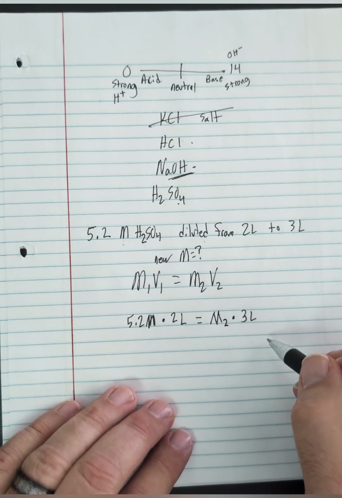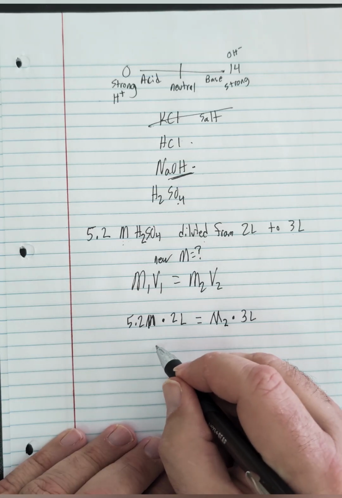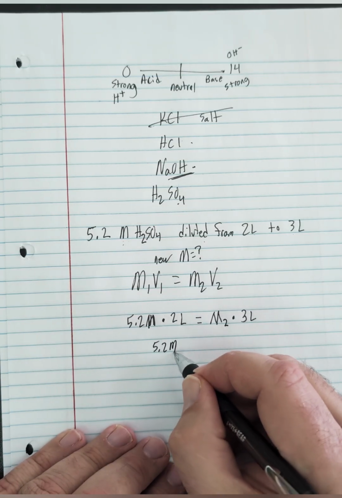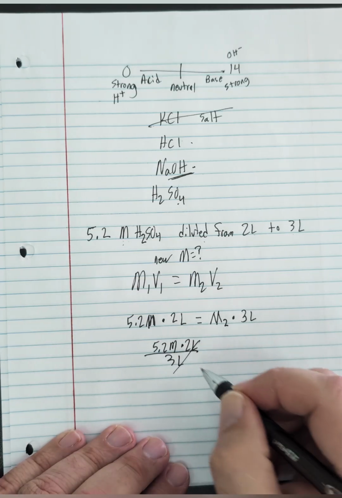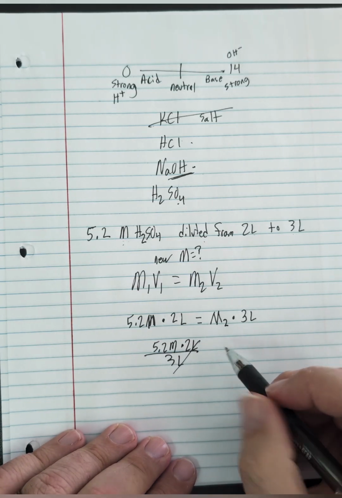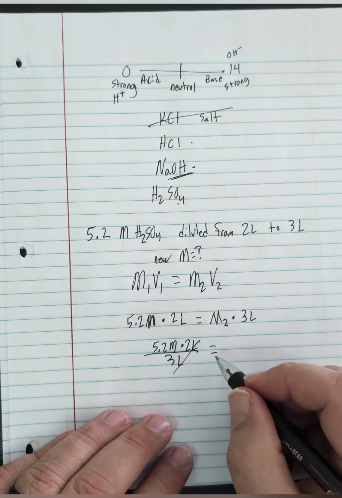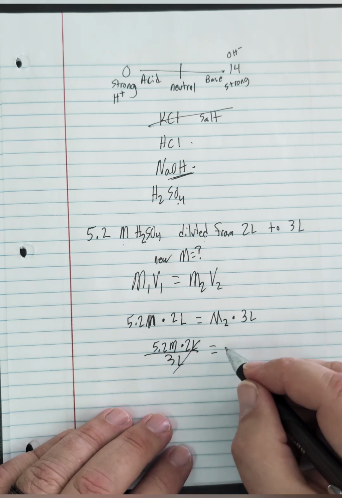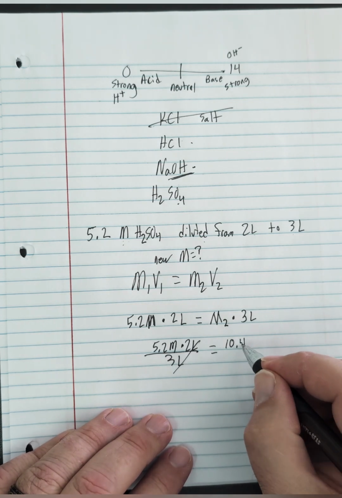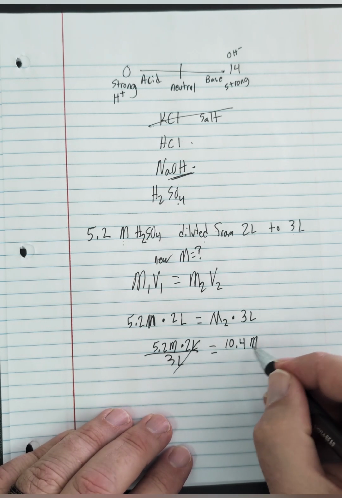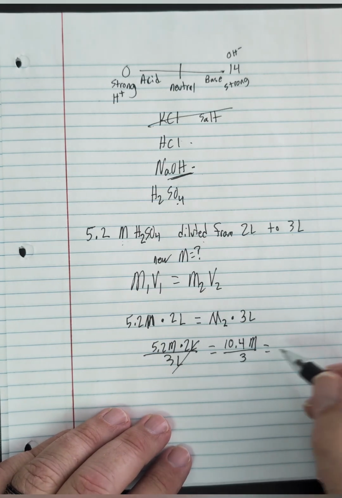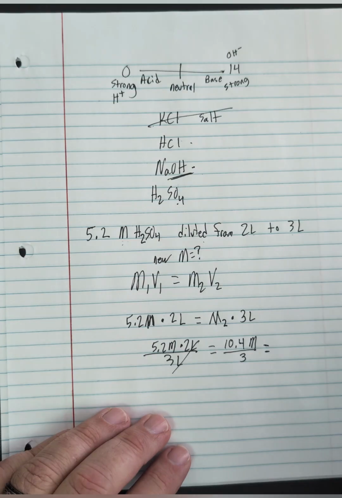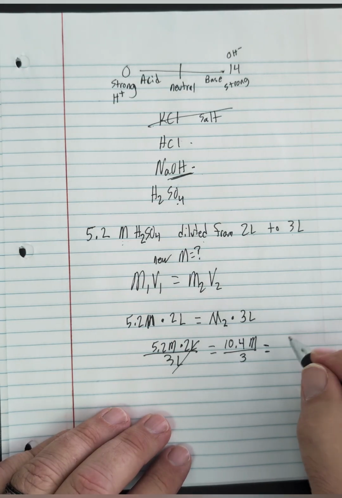So we divide both sides by 3 liters, and we have 5.2 molarity times 2 liters divided by 3 liters. Liters cancel out. So then we're going to have 10.4 divided by 3. 3 will go into that like 3.1 times.